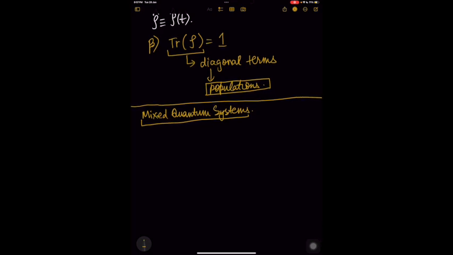Let's say you have a pure state psi_1(t), and the probability of finding it would be p_1, and another state psi_2(t) with probability p_2, and so on, and then psi_n(t) with the probability of it being found being p_n.